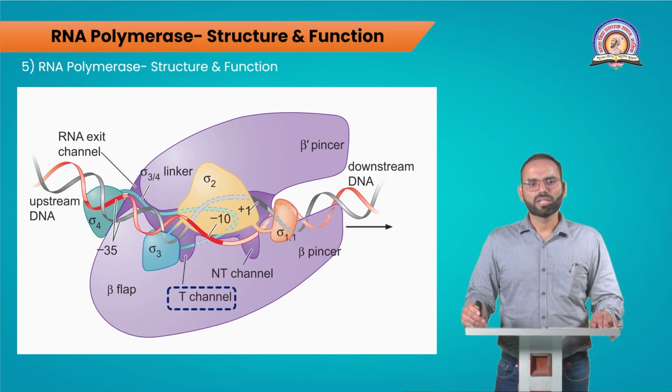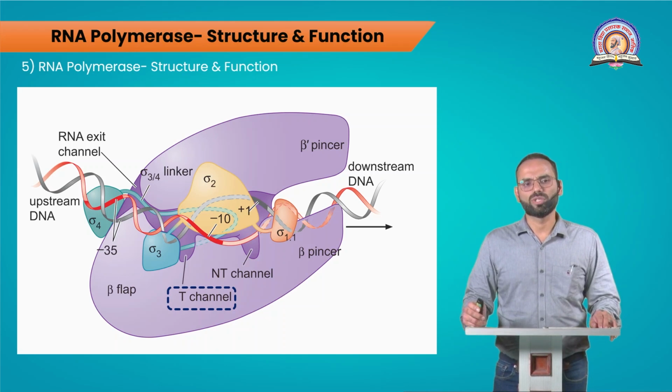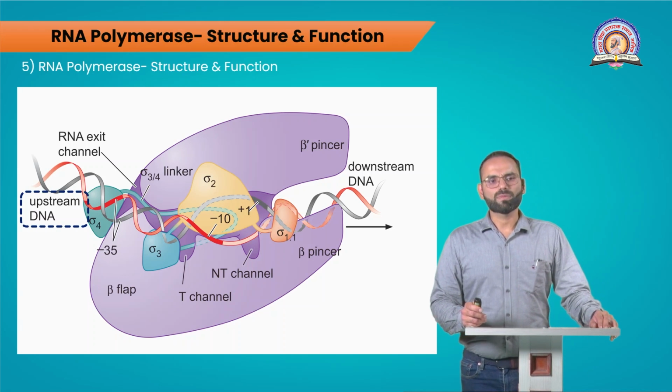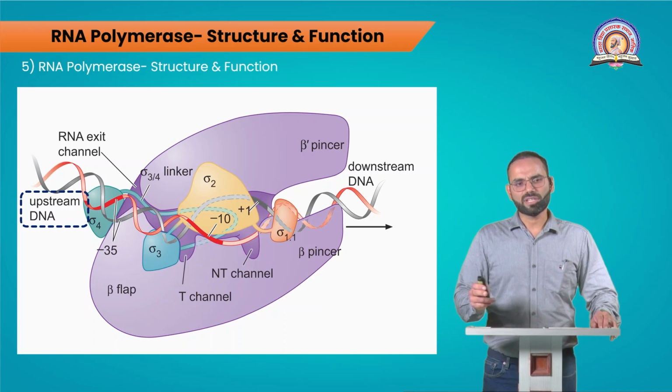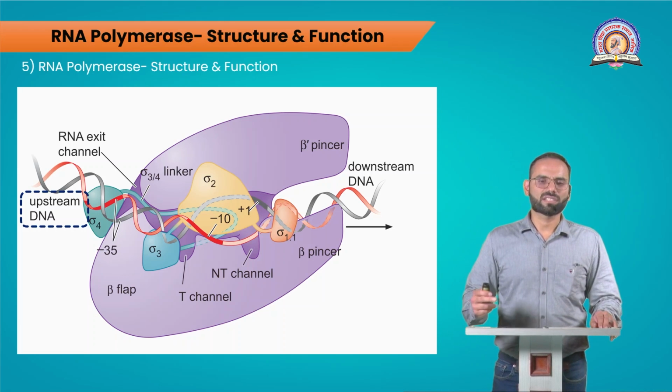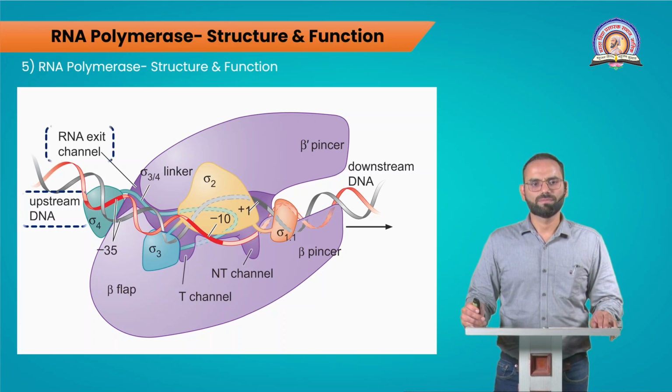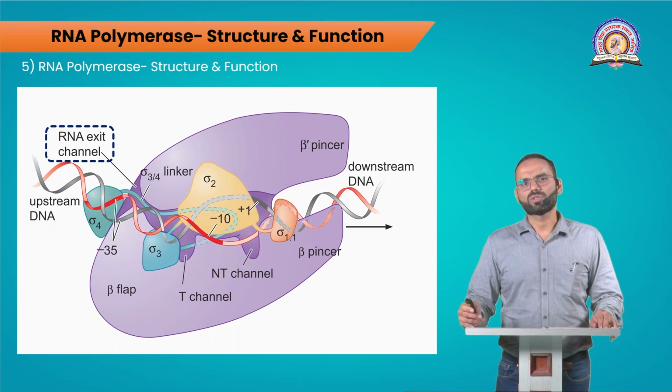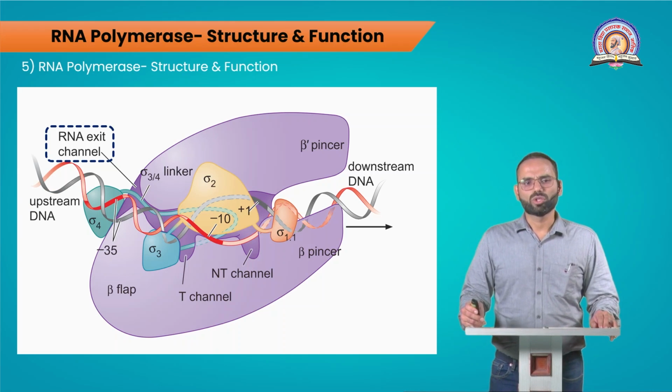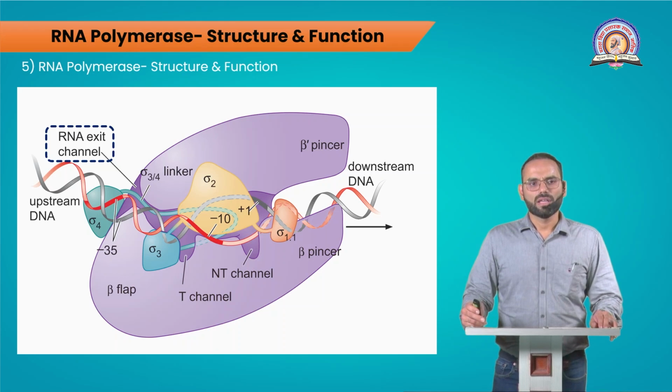There is also the template channel where the template DNA strand is channeled through this pore. And there is upstream DNA which is immediately wound as soon as it comes out of the RNA polymerase. In addition, there is also an RNA exit channel through which the newly formed RNA exits through this pore.